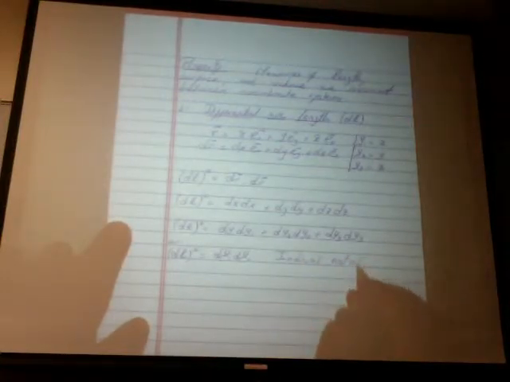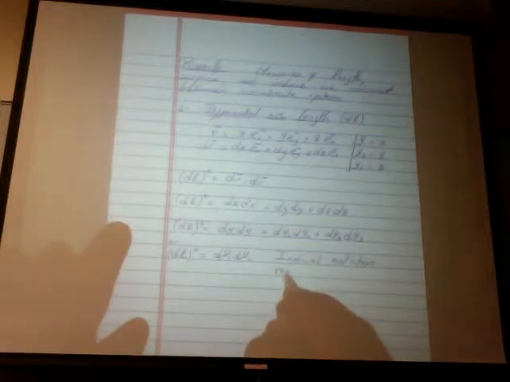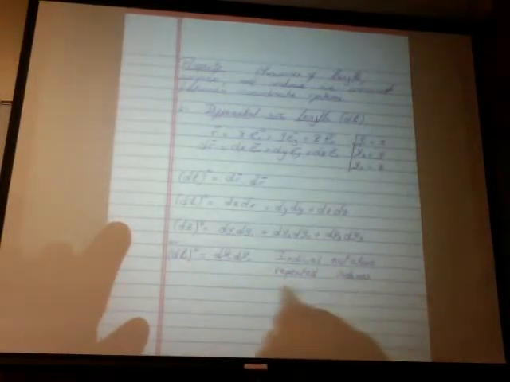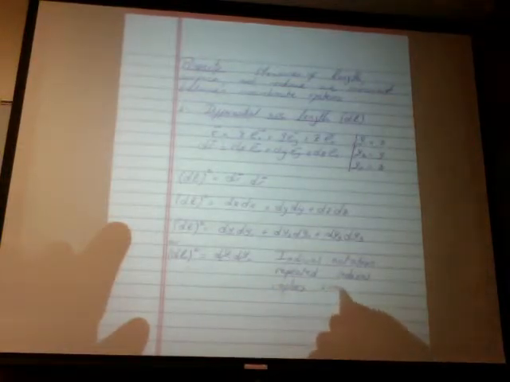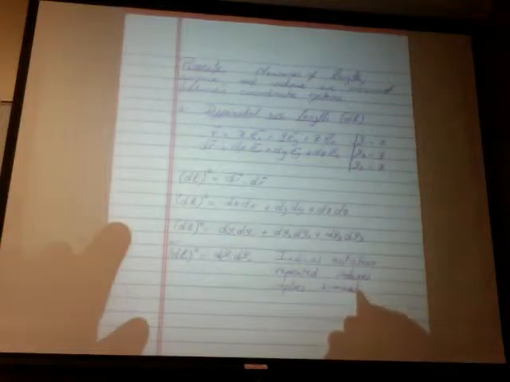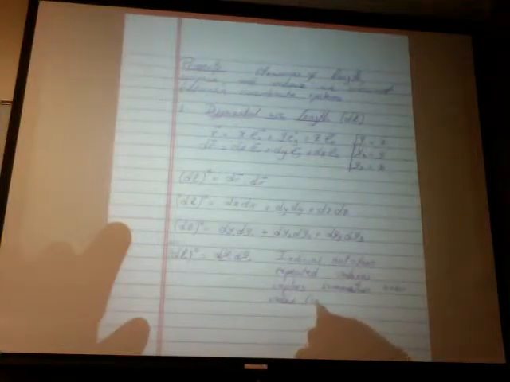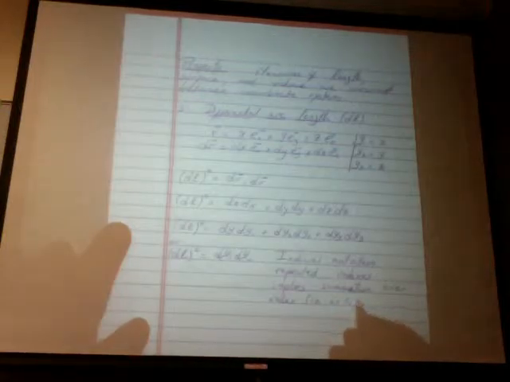In indicial notation, repeated indices imply summation over the index, i.e. i equals 1, 2, 3 in this case, three dimensions.